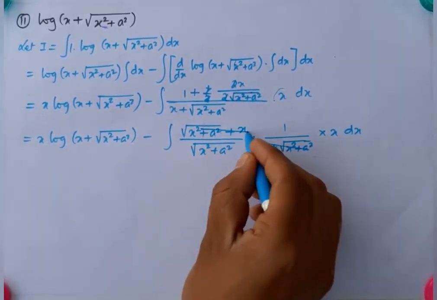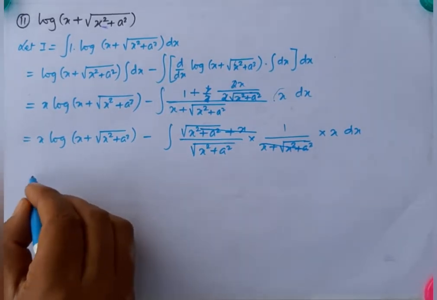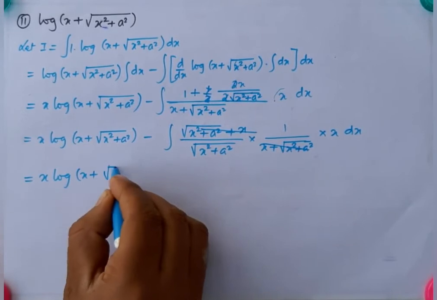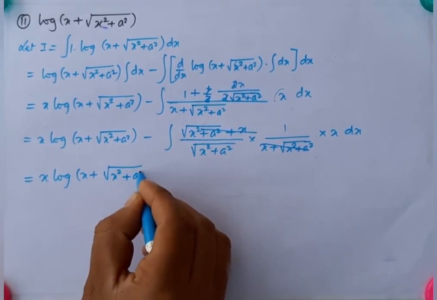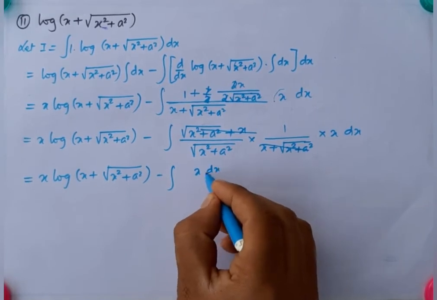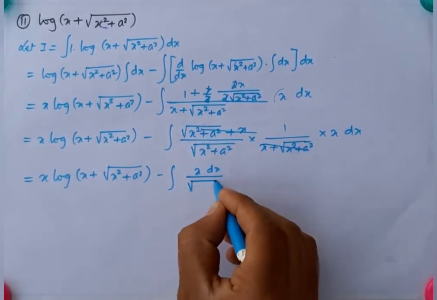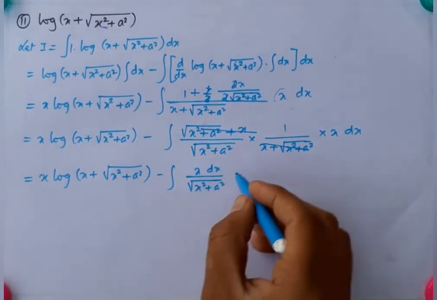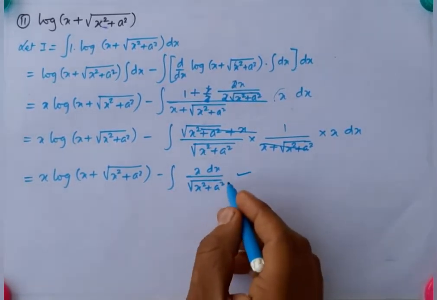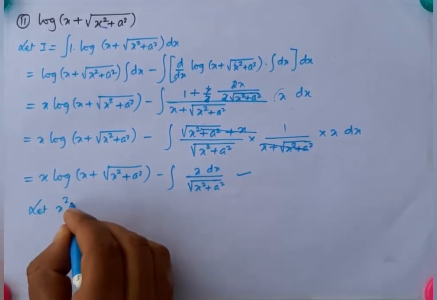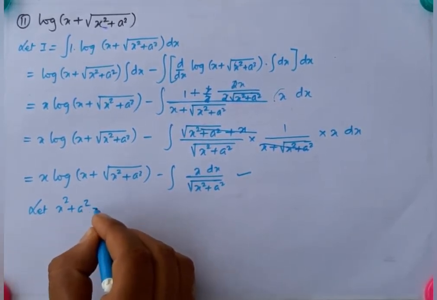So you see that this and this are both the same, so they will get cancelled. So we have x log of x plus square root of x square plus a square minus the integral of x dx by square root of x square plus a square, right. Now this is your integration by substitution. So let x square plus a square equal t.